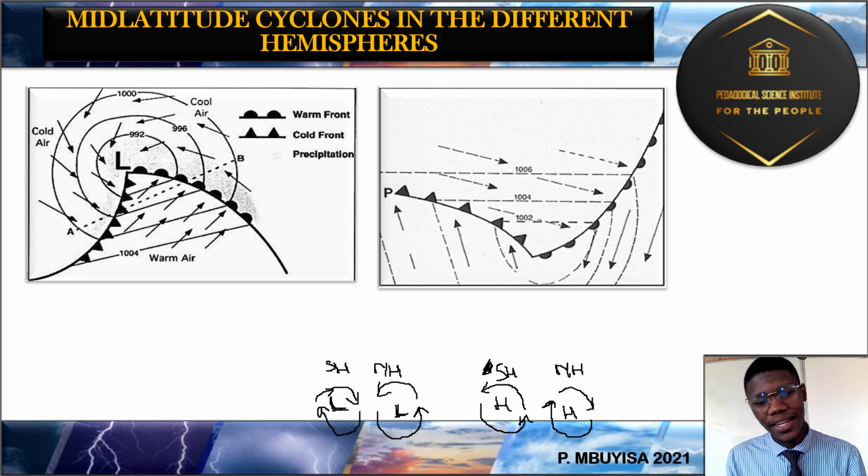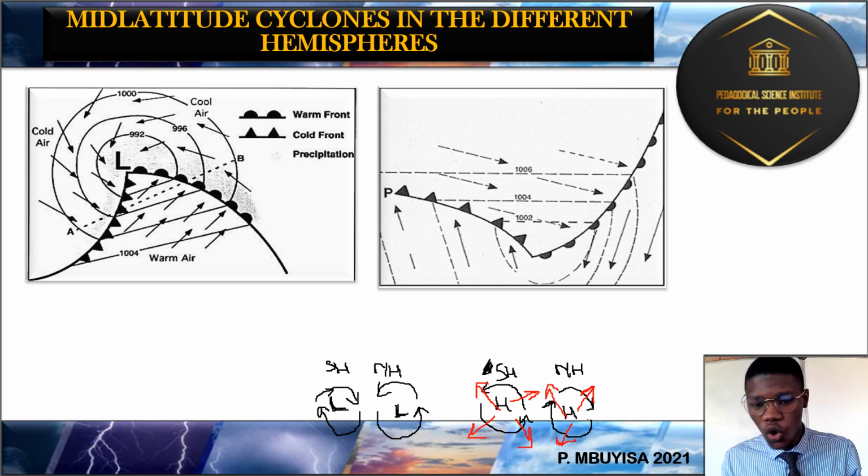And this pressure gradient force is saying that air will always move from an area of high pressure to an area of low pressure, which means that in a high pressure system, you'll have air moving out of the system. In a high pressure system, air moves out of the system.